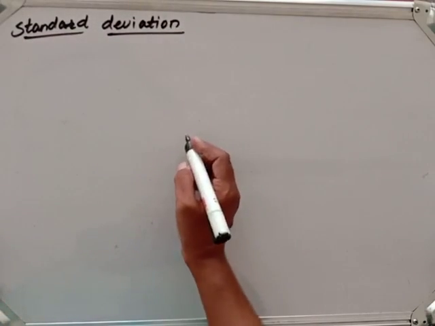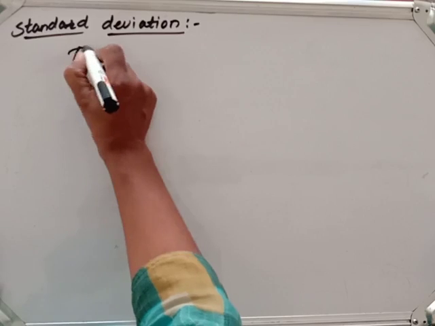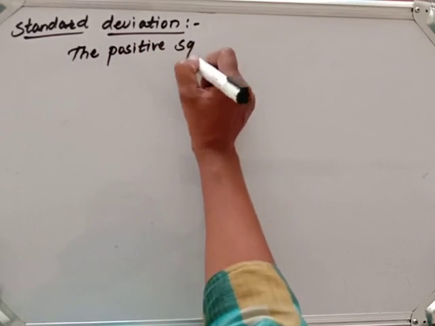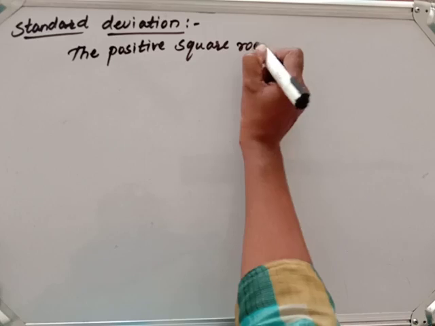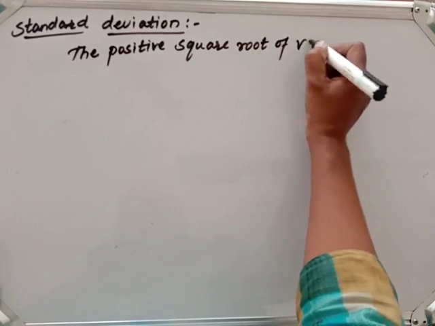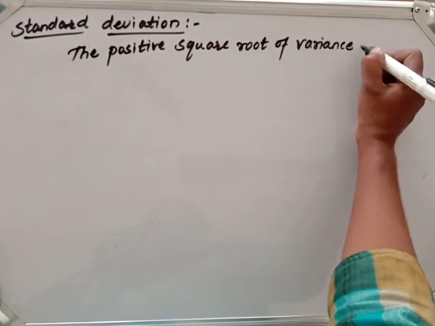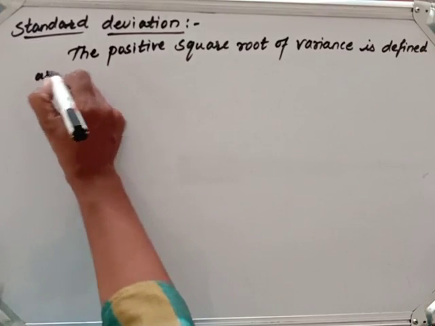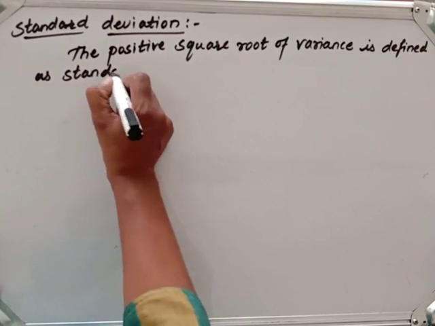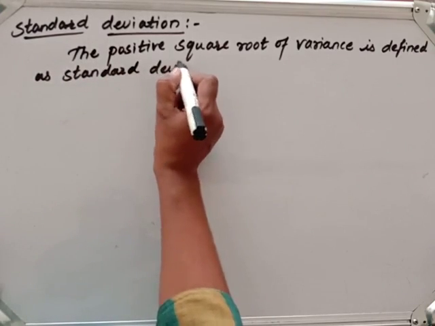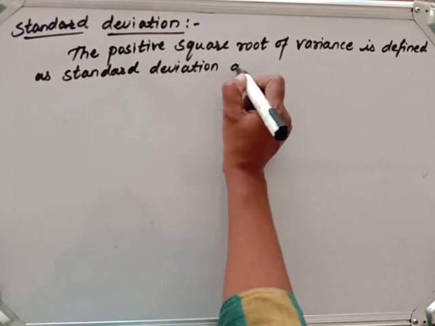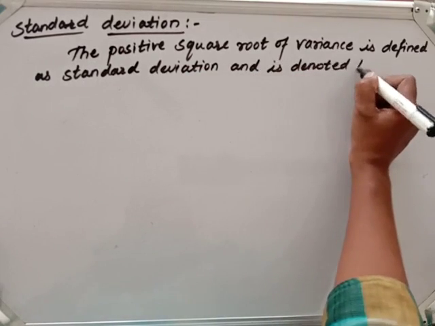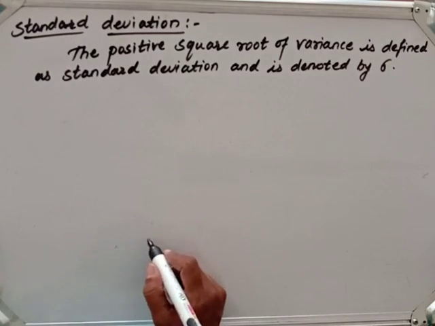So what does this? The standard deviation is, as I say, the positive square root of variance. The positive square root of variance is defined as standard deviation, and is denoted by sigma.